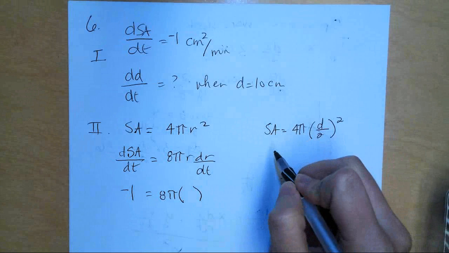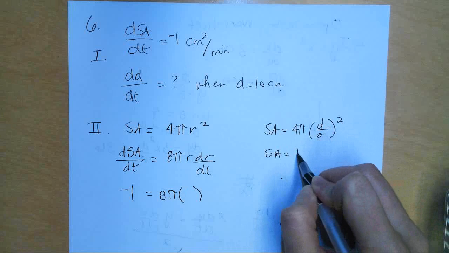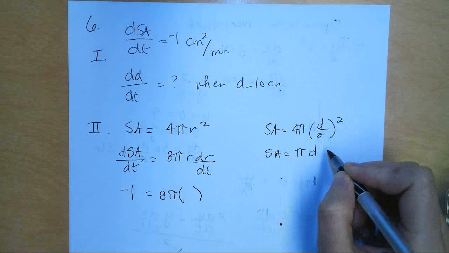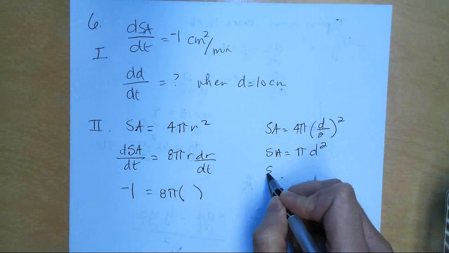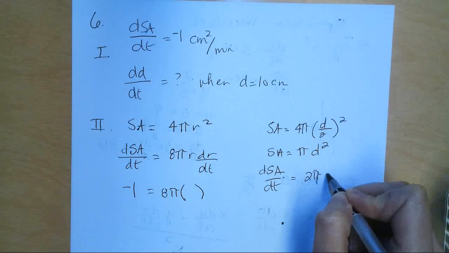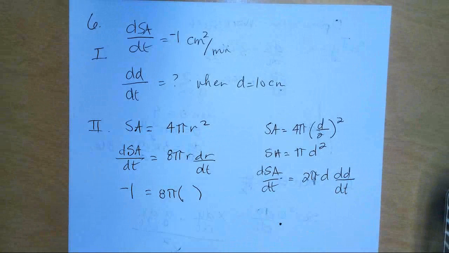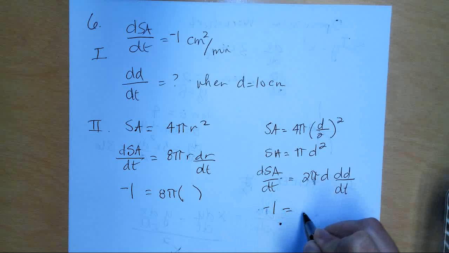Okay, so SA is equal to, this is going to be 4 on the bottom, so it's just going to be pi d squared. So the derivative of the surface area is equal to 2 pi d dd dt. And here we have -1 equals 2 pi times the diameter times dd dt.